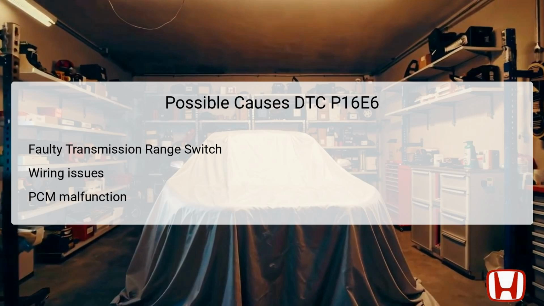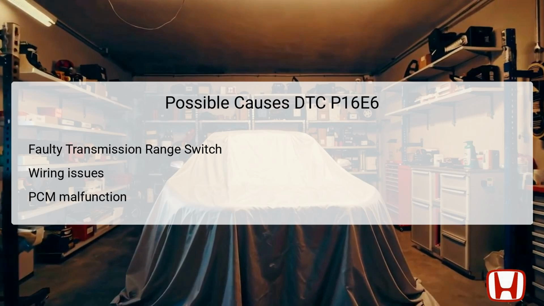Diagnosing DTC P16E6 requires consideration of several key components that could contribute to the issue at hand. First, a faulty transmission range switch can fail to correctly signal the PCM, resulting in abnormal performance or engine starting issues.